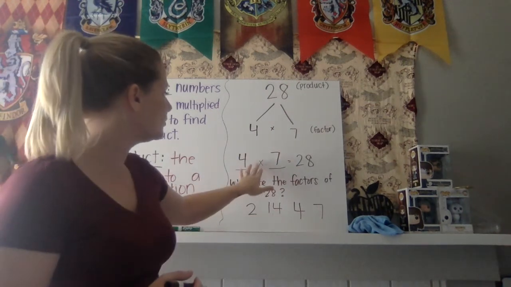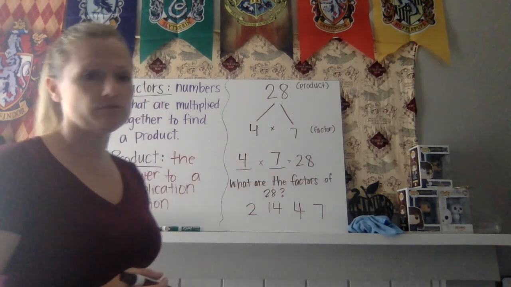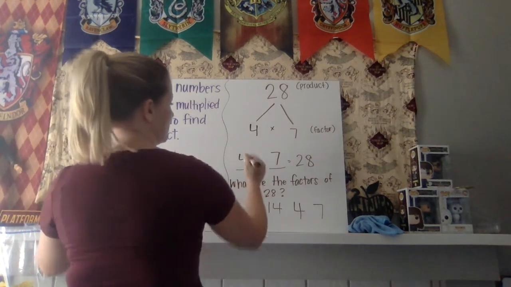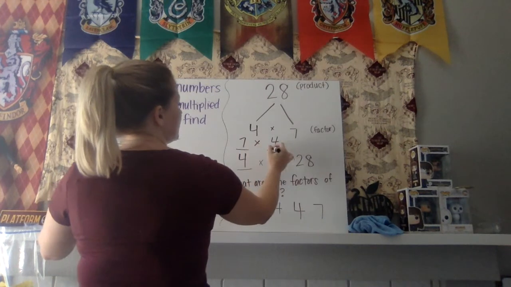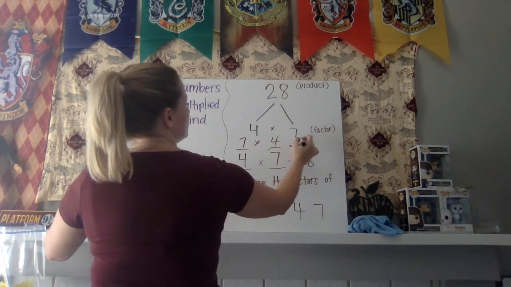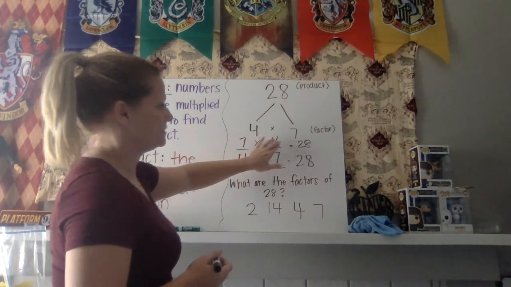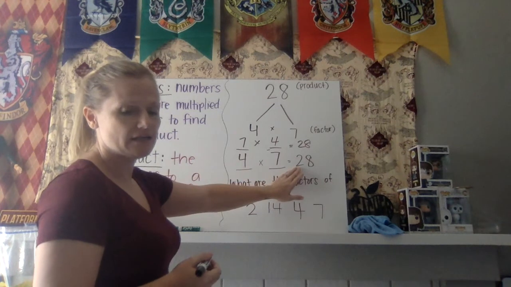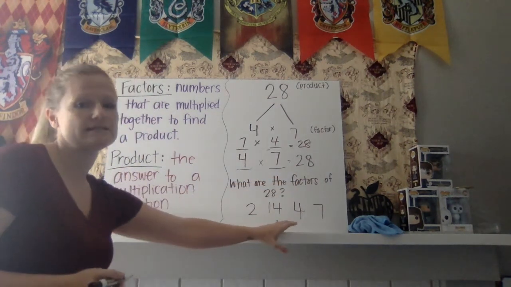But since we already have both 4 and 7, we don't need to change the numbers around. Whether you have the equation written as 7 times 4 equals 28 or 4 times 7 equals 28, it's still equal to the same thing. So you don't have to list 4 and 7 two times.